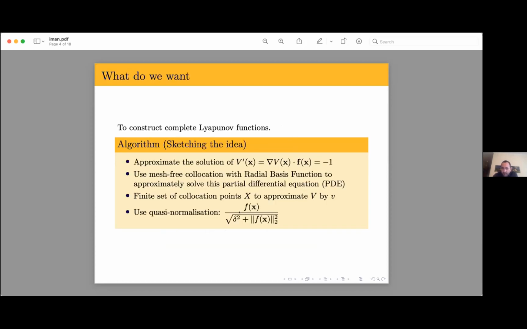So that's the basic idea of what we want to get. Now, how do we get it? What we want is to construct the complete Lyapunov function, and the algorithm, sketching it, is something very simple. We're going to assume that the time derivative of the complete Lyapunov function, which you can get using the chain rule to obtain this differential equation here, has to be lower or equal to 0.